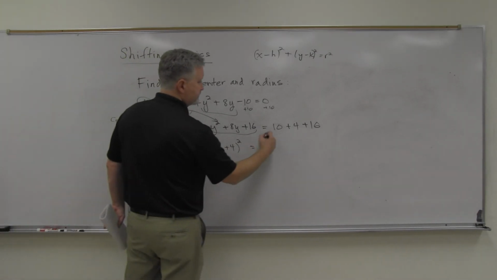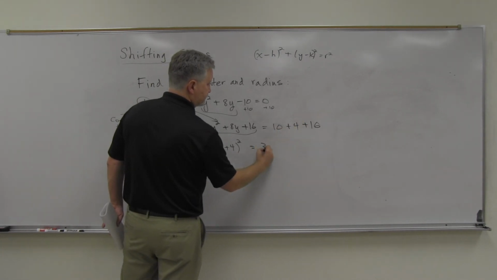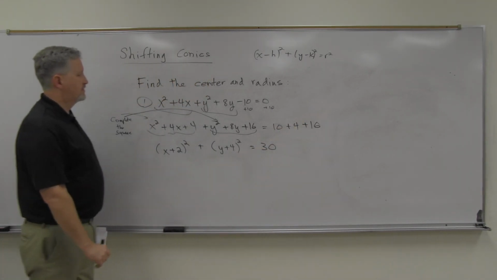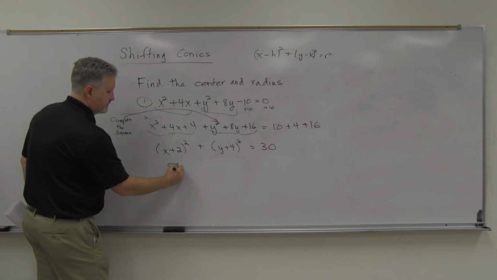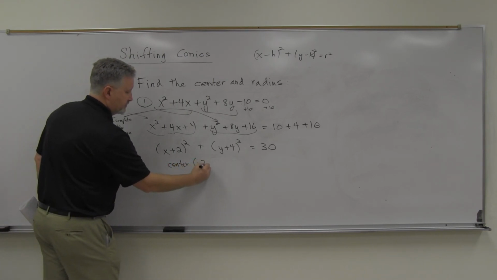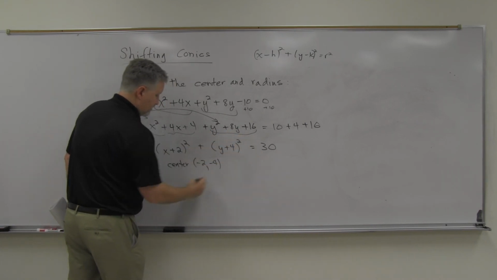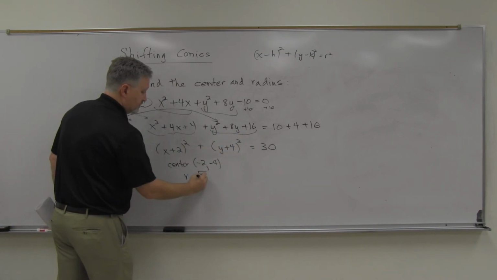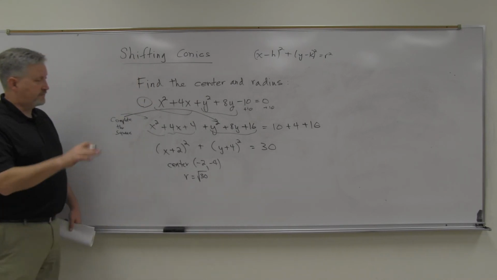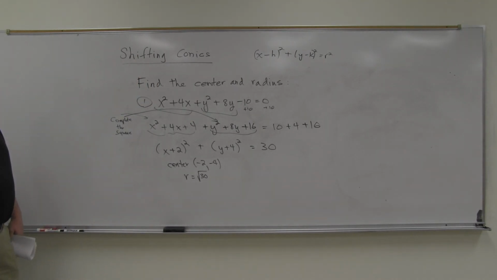And that equals 30. So there's my center: -2, -4, right? Because you do the opposite. The radius is the square root of that, square root of 30 if you wanted to approximate it. Do that. All right?